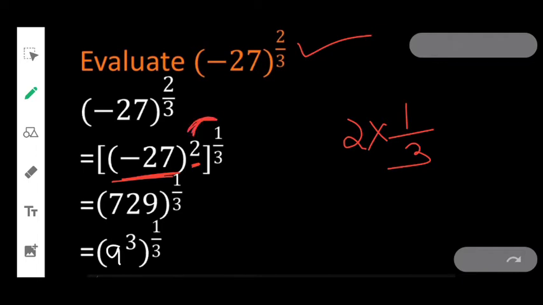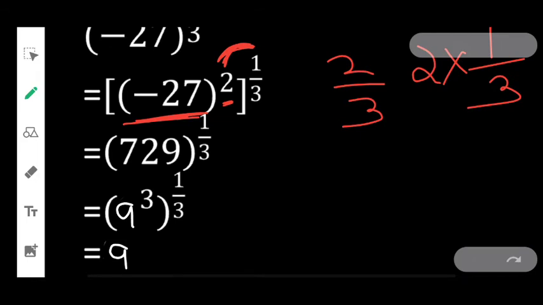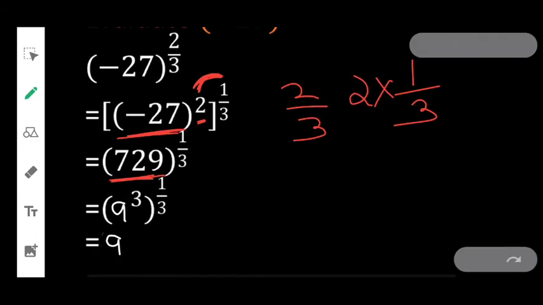If you remove this bracket, this will be 2 into 1 by 3, which is your 2 by 3. Okay, so minus 27 square is positive 729. So 729 whole to the power 1 by 3.